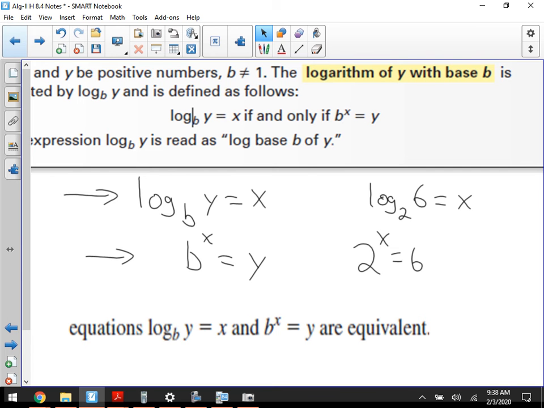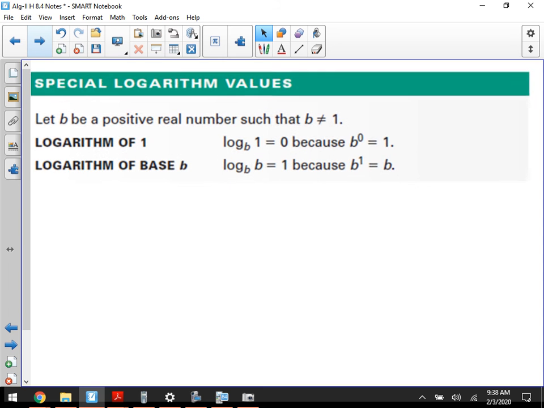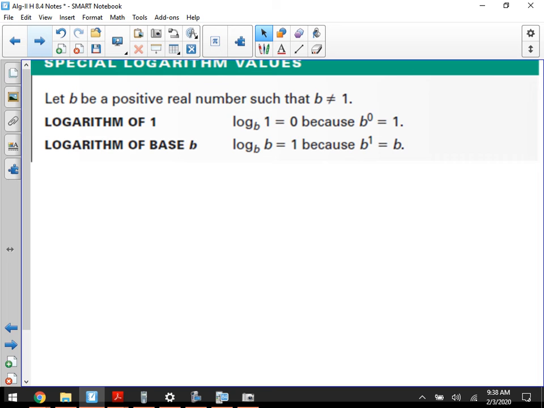So there are two main properties of logs, and these come back into play when we do our graphing. We have log base b of y equals x, and b to the x equals y. Remember that these two are equivalent. The two properties are these.